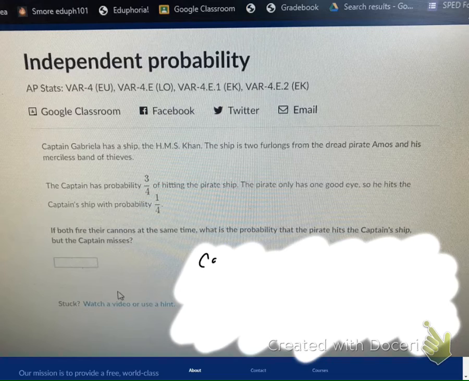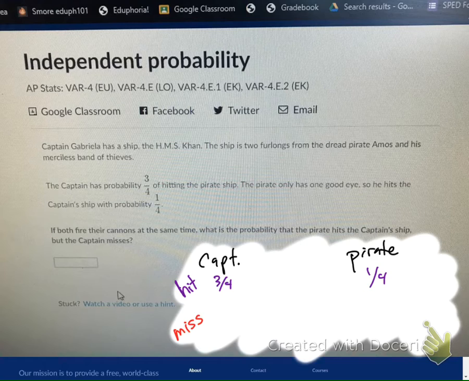I've got a captain and I've got a pirate. To hit, the captain is 3 out of 4, and the pirate is 1 out of 4. Now, to miss, remember, this is whatever's left in that chance space.